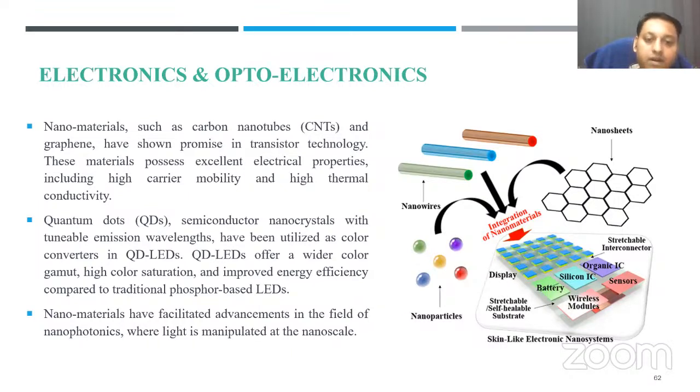Quantum dots, semiconductor nanocrystals with tunable emission wavelengths, have been utilized as color converters in quantum dot LEDs. And quantum dot LEDs, you know the widespread commercial application. Nanomaterials have facilitated advancements in the field of nanophotonics, where light is manipulated at the nanoscale.